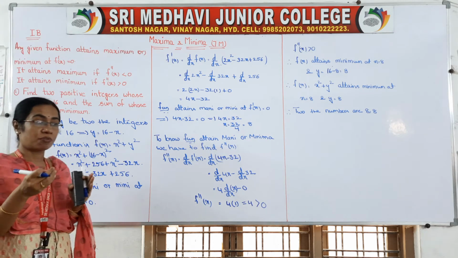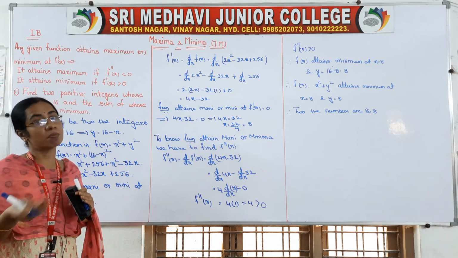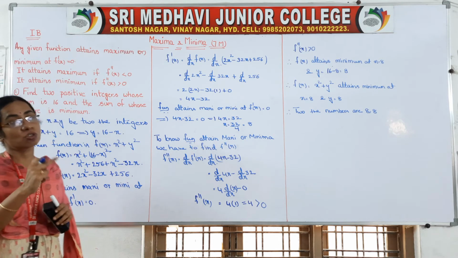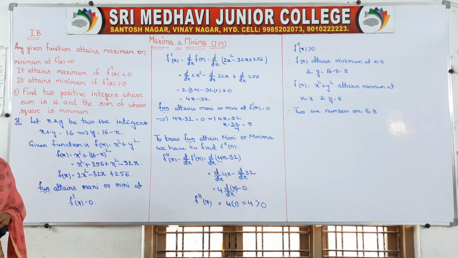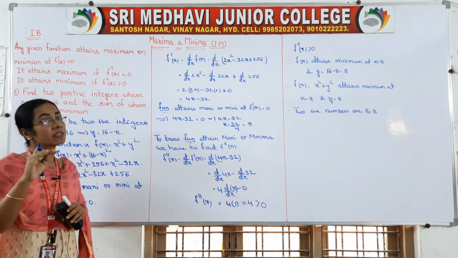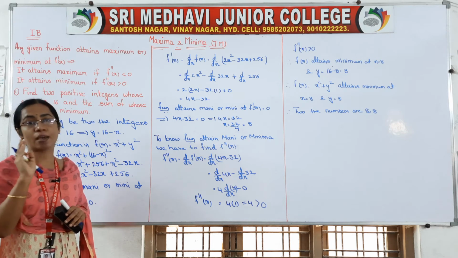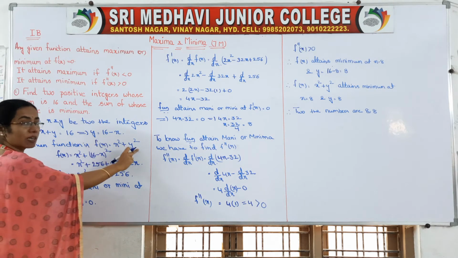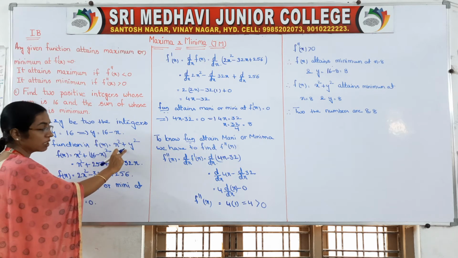Whose value we have to make minimum or maximum should be considered as the given function. So here, the sum of the squares of the numbers is minimum, which means f of x is equal to the sum of the squares of the two numbers.